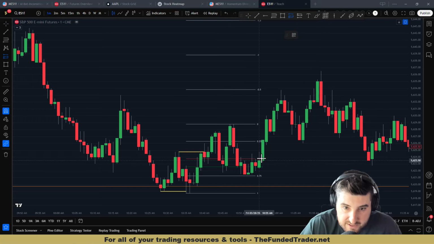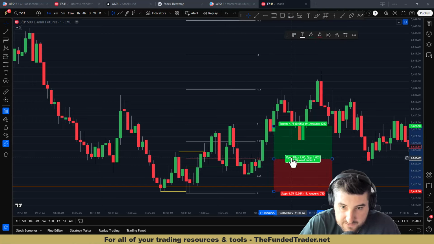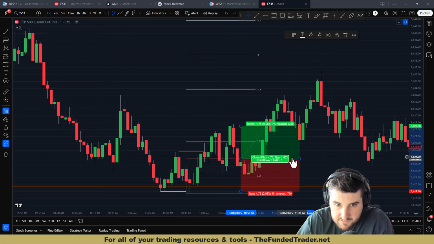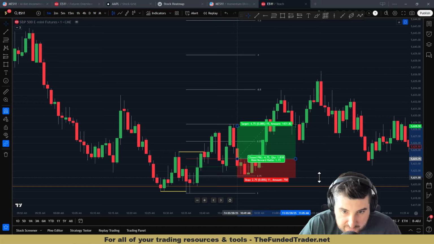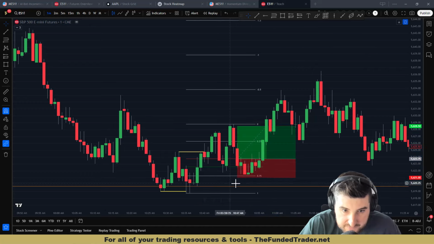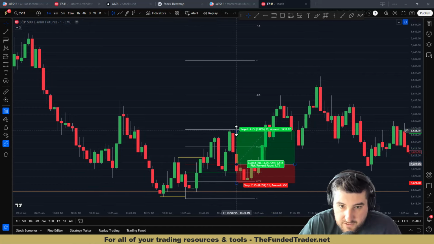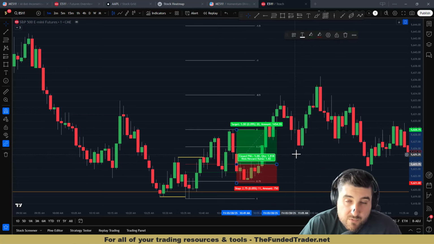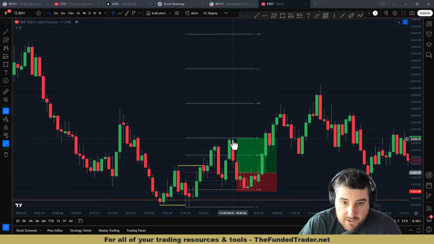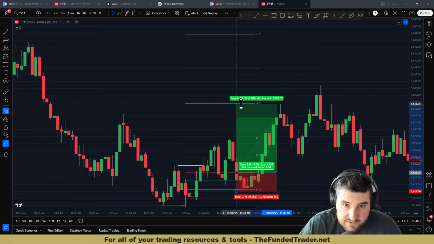So if we did that entry at 50 again, you would have got hit in there. We're going to be below 0.75. Go to that top, boom, another 1.82 you would have got. If you wanted to go to the first extension, that would have got hit as well. There you go, 3.6 now.